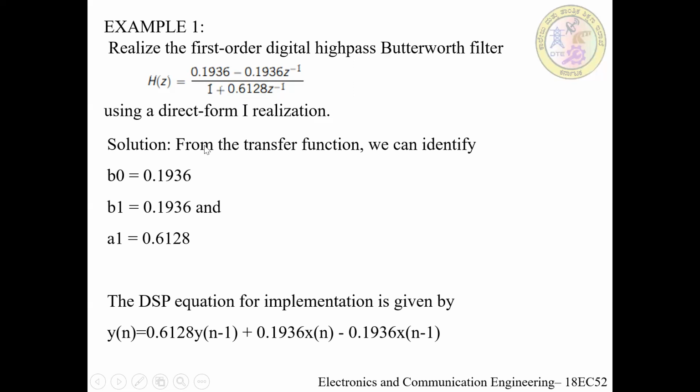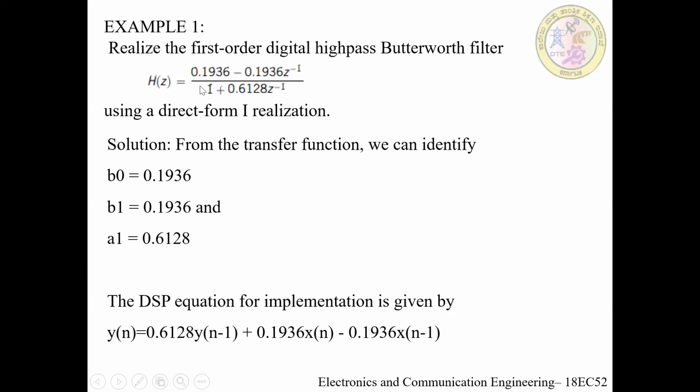To solve this, first we have to consider this transfer function and identify the coefficients. The coefficients of the numerator are b0 and b1, that is, b0 is 0.1936 and b1 is actually minus 0.1936. So the value of a1 is 0.6128.